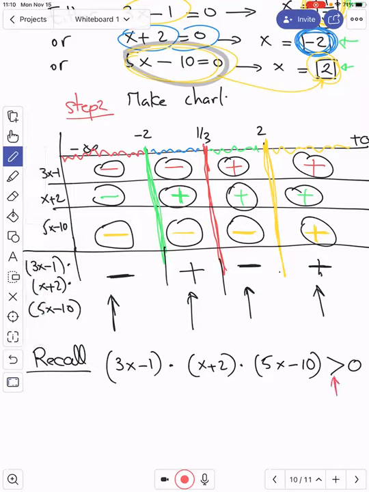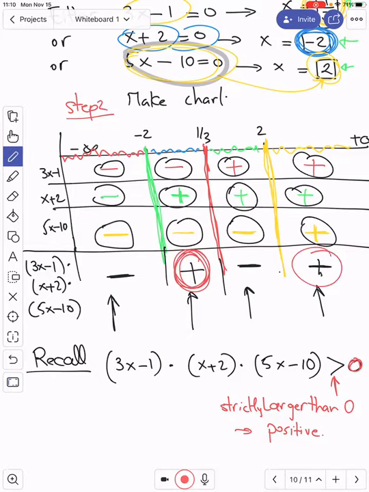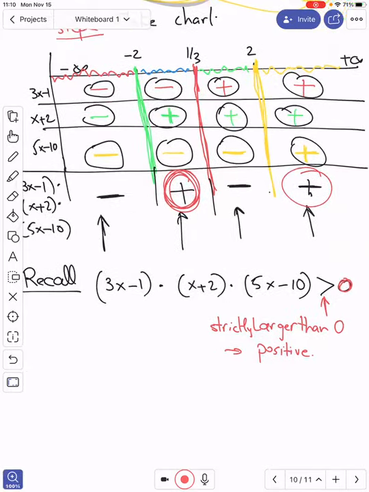It means it's positive, right? The whole expression must be positive. Now, when it's positive, as you can see, it's positive here in the second interval and in the fourth interval.